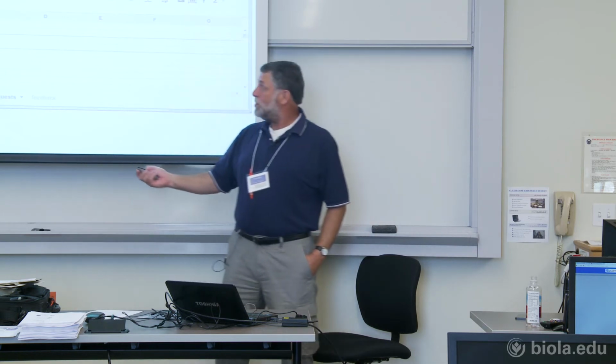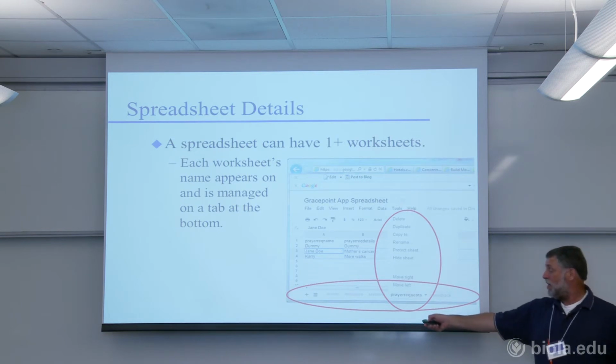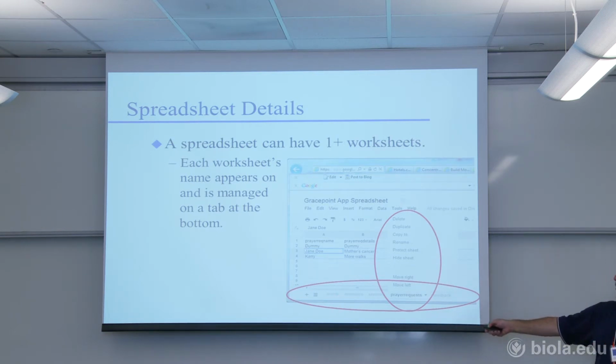All right, again, we've got the worksheets. Every worksheet has a little pop-up menu so I can delete it, copy it, rename it, protect it, hide it, do all kinds of things.